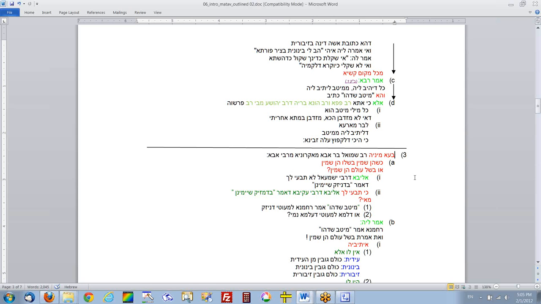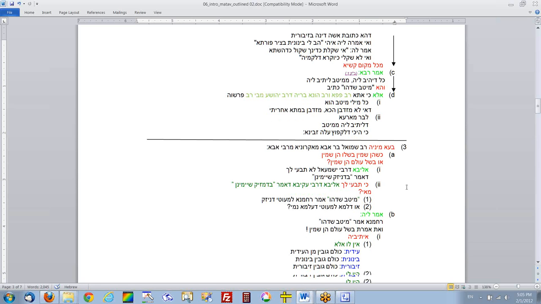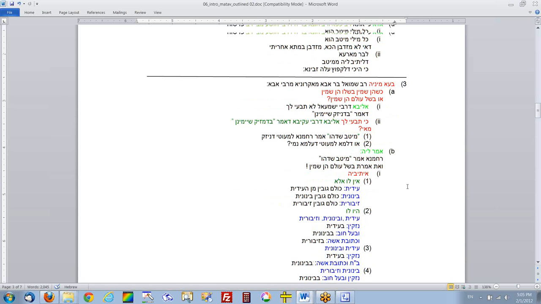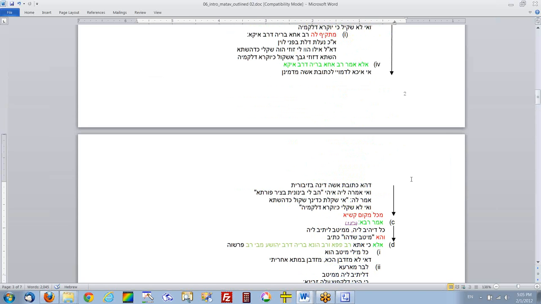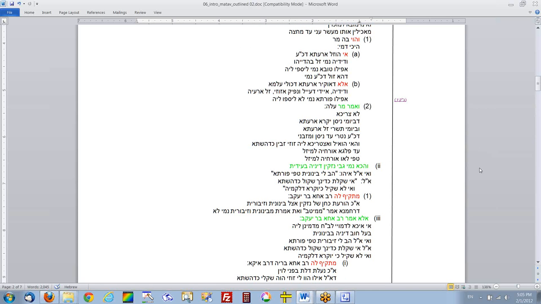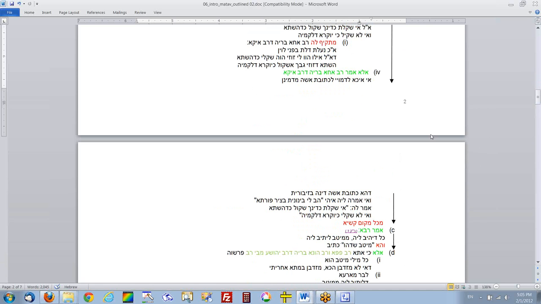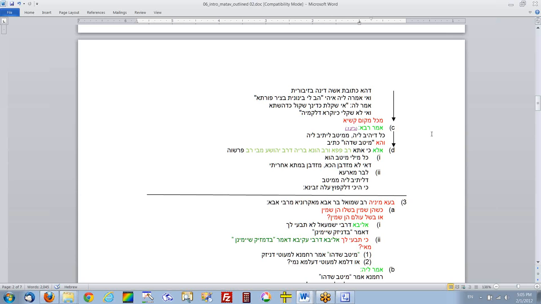So the Gemara now goes and discusses many, many issues of how do you evaluate damage. This Gemara was found on Daf Zion Ahmed Beit.